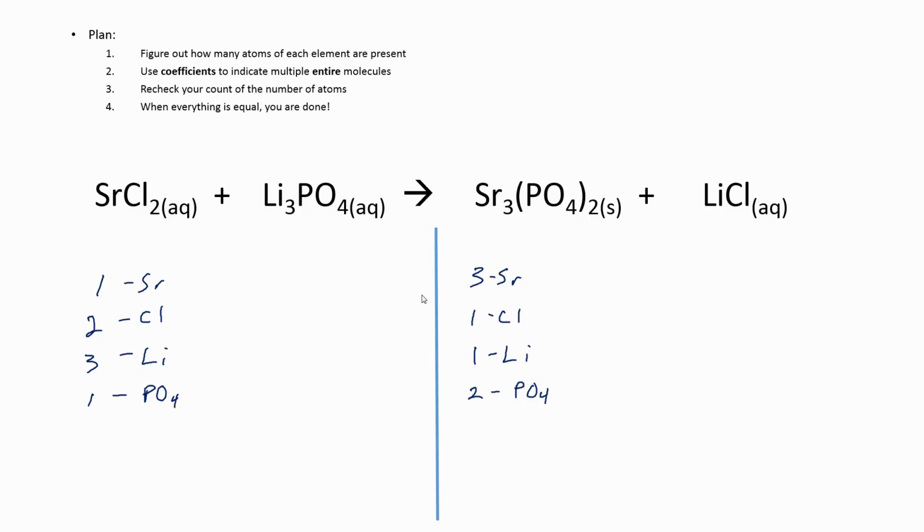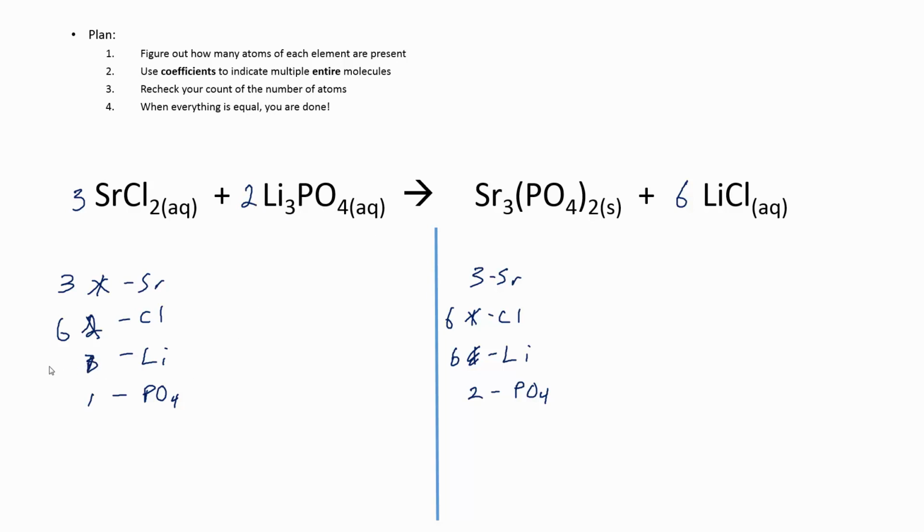Alright, let's see. Strontium 1 and 3 means I'm going to need 3 strontium chlorides. So good, I have 3 of those, but look what I've done. Now I have 6 chlorines. That's fine. Let's balance that next. I have 6 chlorines and 1 chlorine, which means I'm going to need 6 of these lithium chlorides. Good. But that also adjusts this. Now I have 6 lithiums. Fine. I'll go back in over here and put in 2 lithium phosphates.